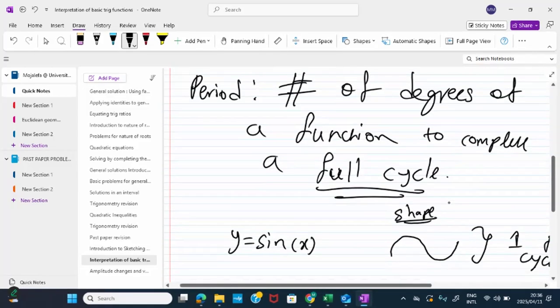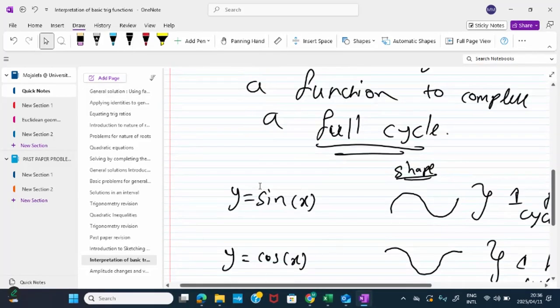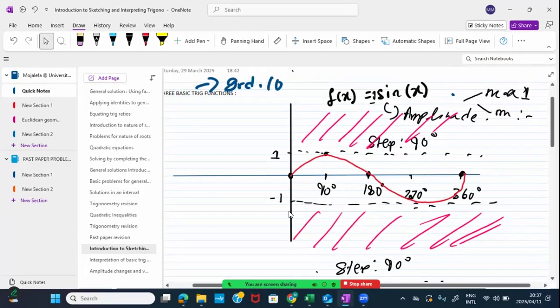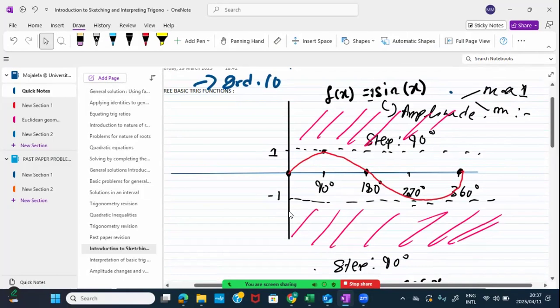So now let's go back to our diagrams. How many degrees does it take for sine to complete one full cycle? 360.